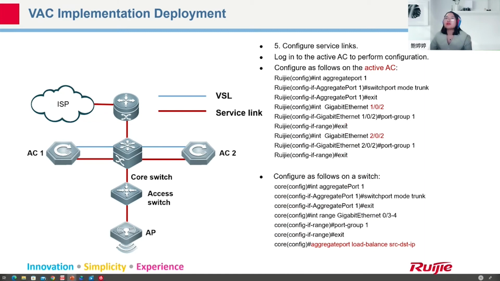And another one is, we said the VAC can provide the load balance function. So the first one, you have to create on the active AC, like create the aggregate port, then switch the mode to trunk, and add the first interface 2 into the aggregate port.